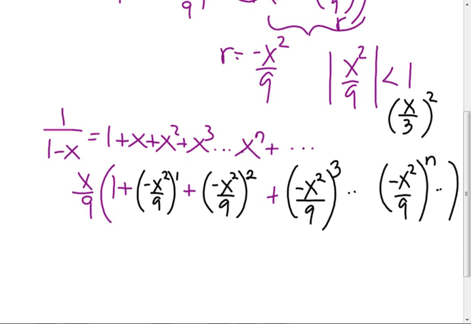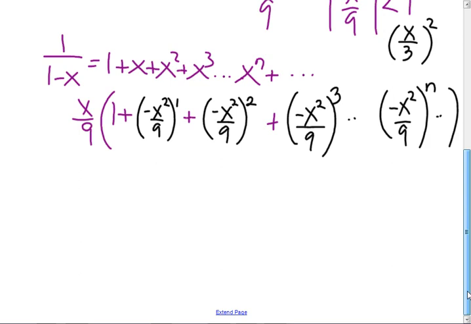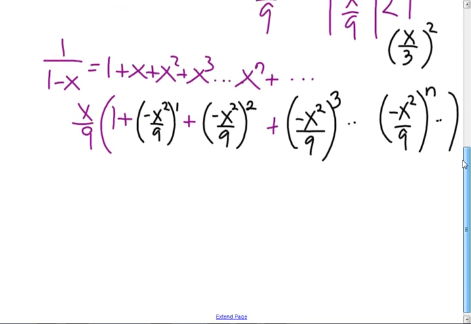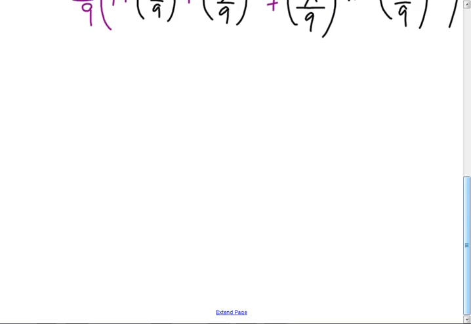Well, that's a series. I mean, you could simplify these. That's minus x to the 4th over 9 squared. You could do that. You could do that, but you still have to write it out. Now, if r is equal to negative x squared over 9, what about your radius of convergence?